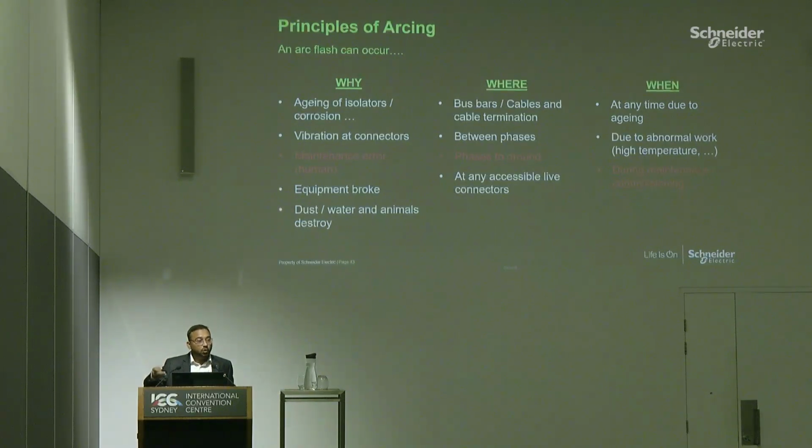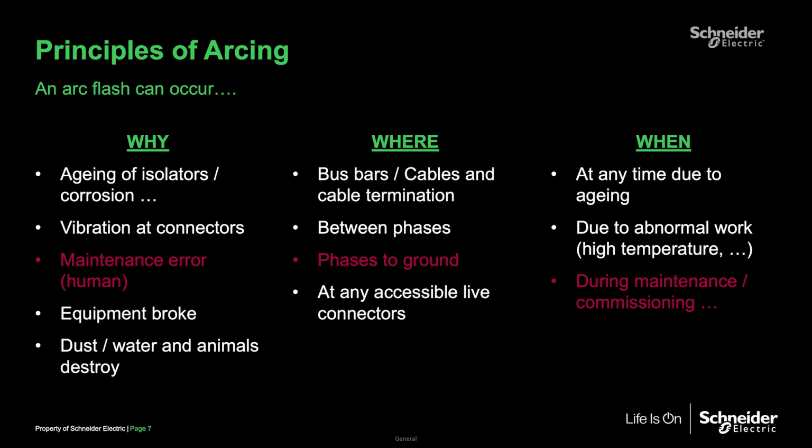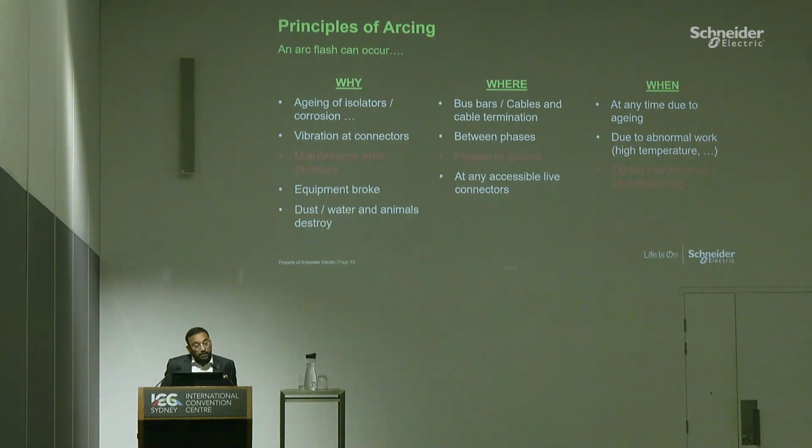These are certain zones, or I would say hot zones, where the probability of having an arc, or where an arc has already occurred. The sample of data we have is much more in these 3 zones. When? At any time due to aging, but not necessarily only because of aging.